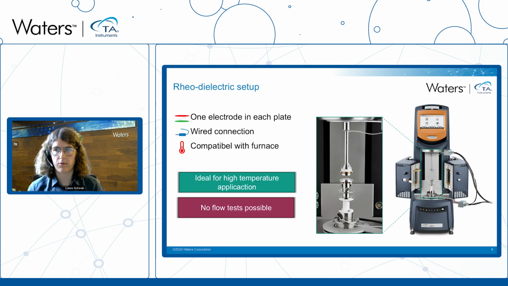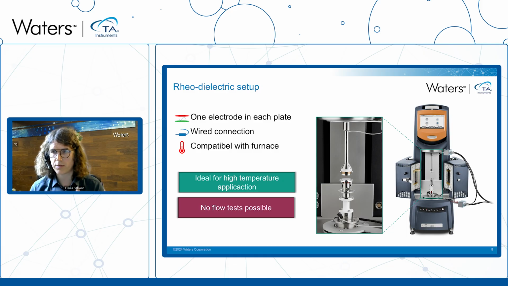And that's already a well-established technique. So there we also have some kind of a rheo-dielectric setup, and this is something which is widely used in industry. So the main idea is that we have the two metal plates here in the center. These are the electrodes.